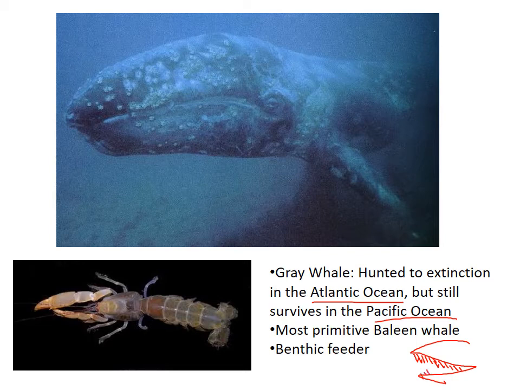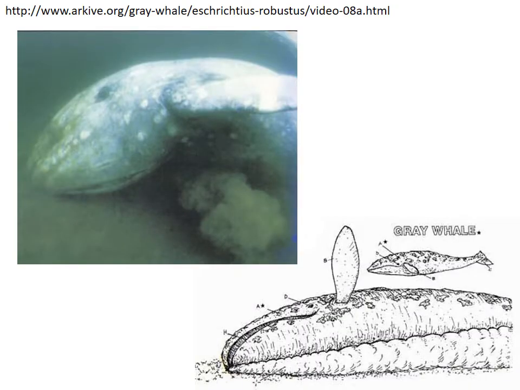And gray whales are thought to be sort of what the ancestral earliest baleen whales were like, where they weren't necessarily filtering plankton straight out of the water, but they were scooping up sediment and using their baleen to filter out the shrimp from the sediment.